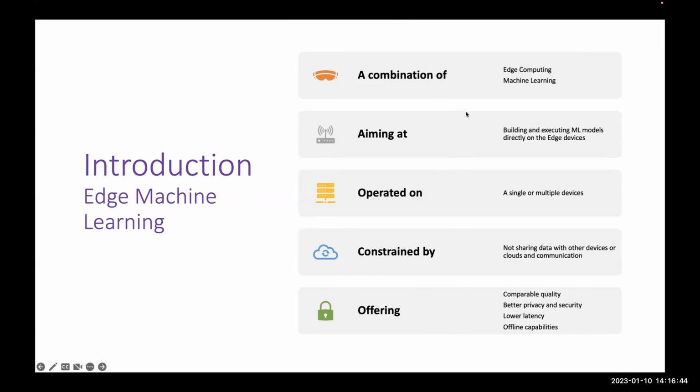We expect also lower latency, because the data is not sent back to the server or to the cloud, and the answer is not transmitted through the network. So you do the operations locally, and then you offer offline capabilities, because since you are supposed to have everything on the local device, you do not necessarily need communication, which means you don't need to have a connection at the end of the day.